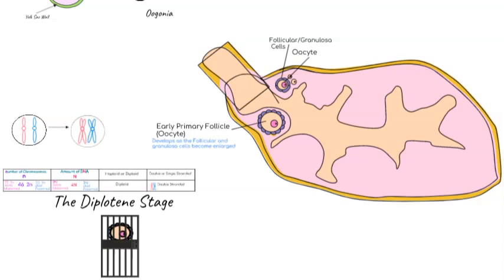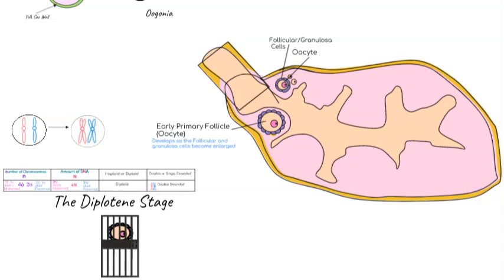Okay, so at birth, you only have primary oocytes that are arrested in the diplotene stage during prophase 1 of the first meiotic division. Before birth, all the oogonia you had either enlarged and were converted into primary oocytes, or they degenerated.